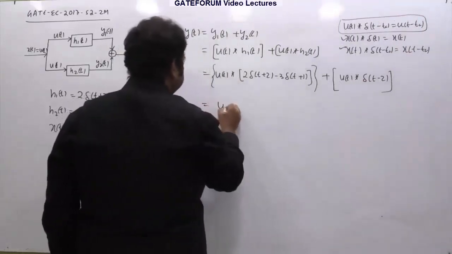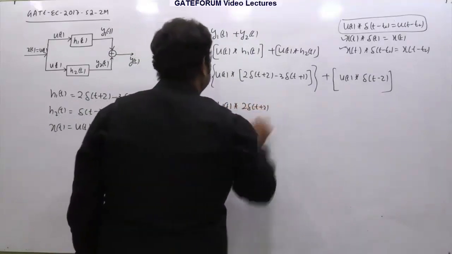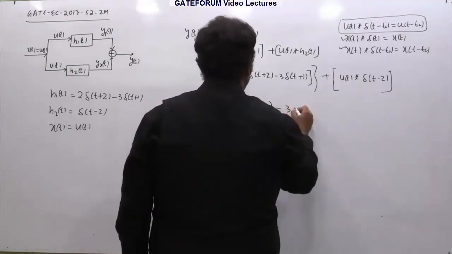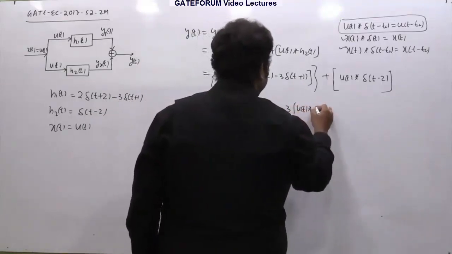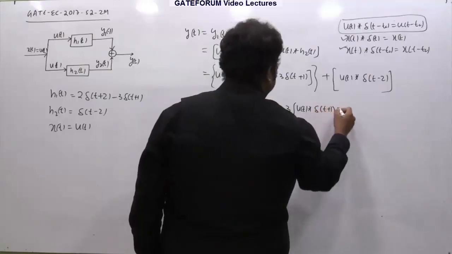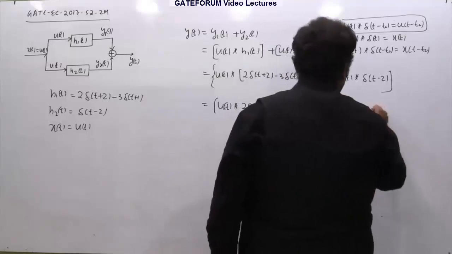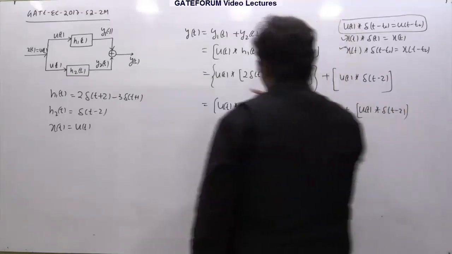So using this identity, we can get the expression of y of t. This is equivalent to u of t convolved with 2 delta of t plus 2, minus 3 times u of t convolved with delta of t plus 1, and again u of t convolved with delta of t minus 2. I have just expanded this bracket.